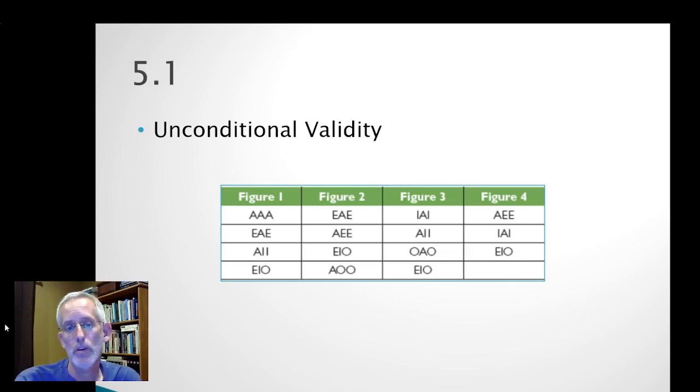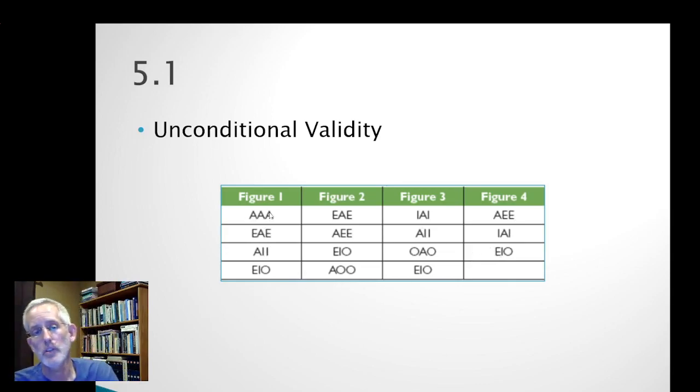So this first chart shows those first 15 that are unconditionally valid. So what this means then is, for example, an AAA type argument that has a figure 1 arrangement for its middle term is unconditionally valid.